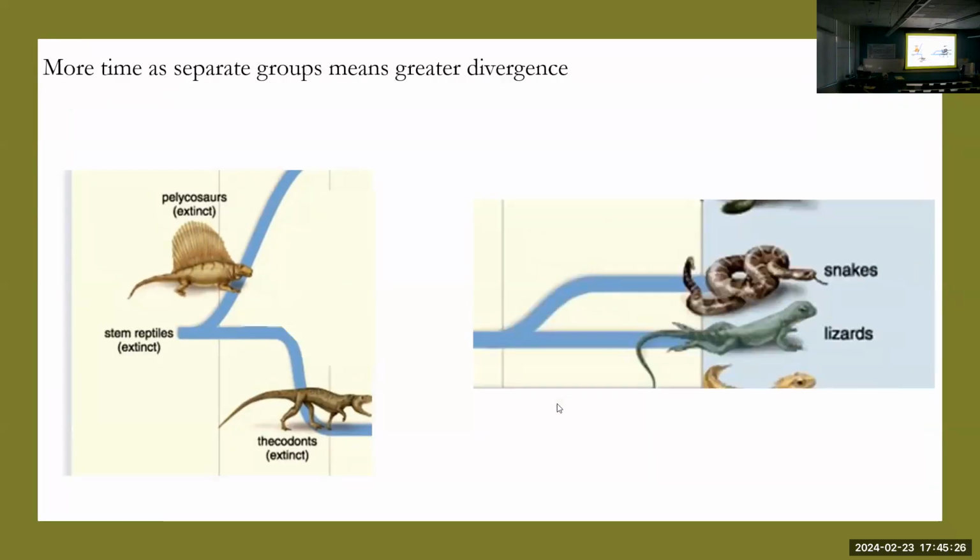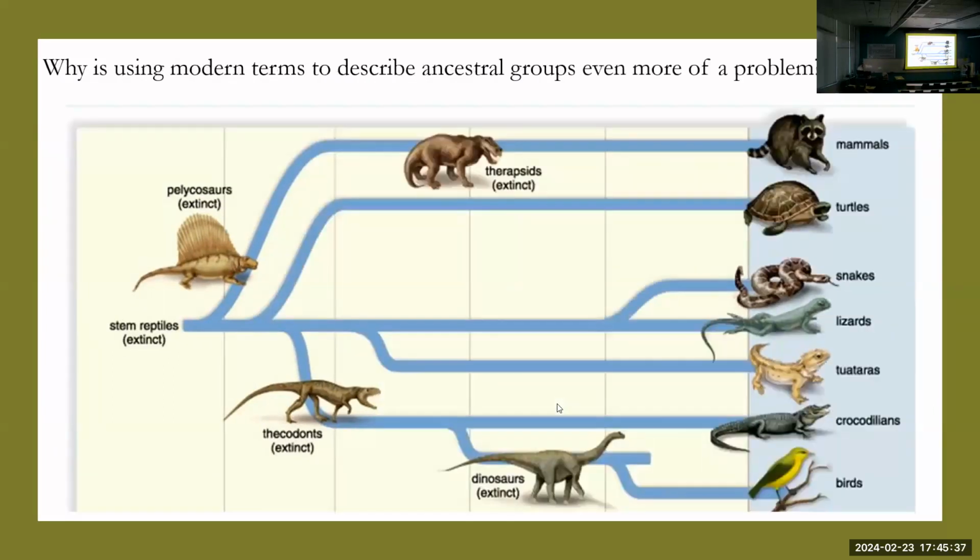So this is the mammal line, and this is the reptile line. But what's back here is actually much more closely related to each other than mammals here and reptiles here, because they've been diverging for millions of years after this point. So you could argue that this organism is more closely related to this organism than to its descendants that occurred millions of years later.